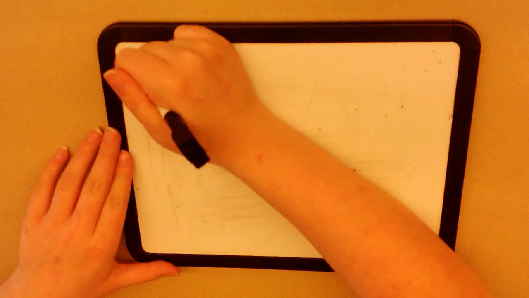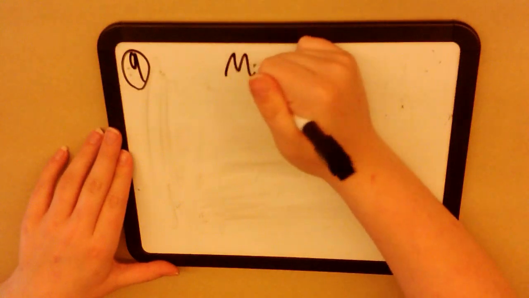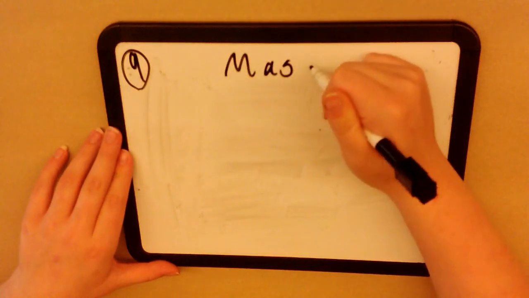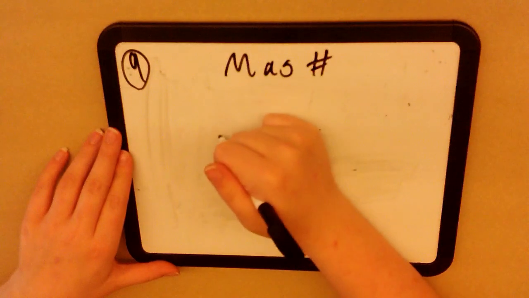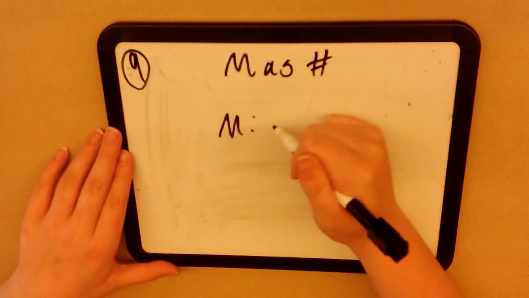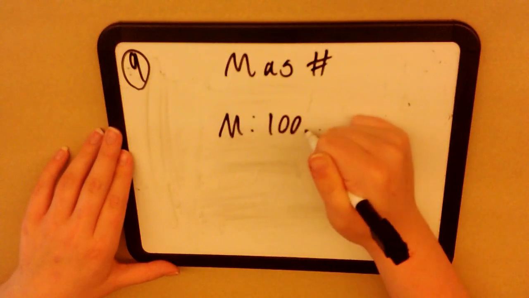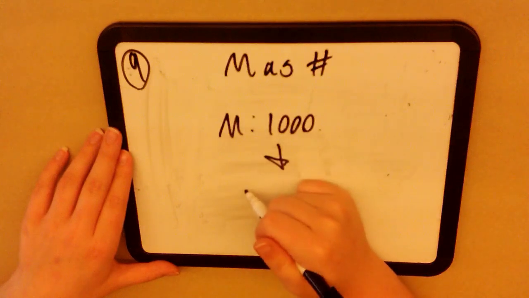And then we're going to look at number 9, which is the M as a number, which M, as we discussed earlier, is going to be 1,000. And we can remember this by thinking of a millennium.